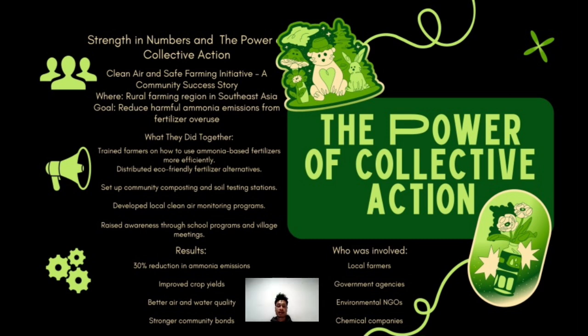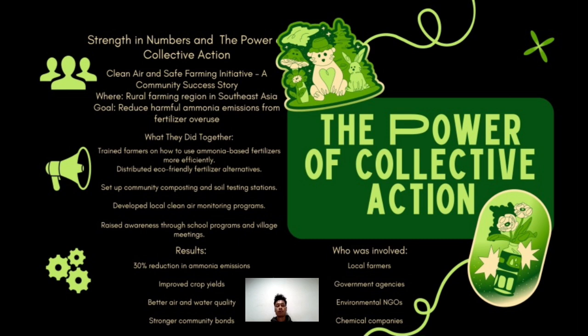And from that, the result was that ammonia emissions dropped by 30%. It improved the crop yield and gave better air and water quality, and then gave a strong community bond, which makes it strong.